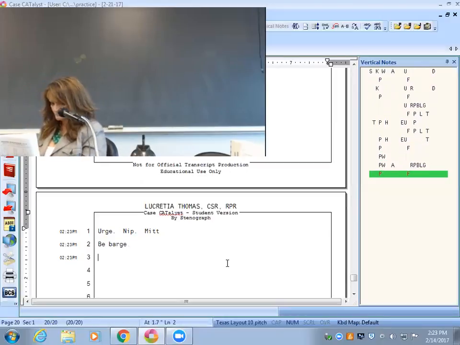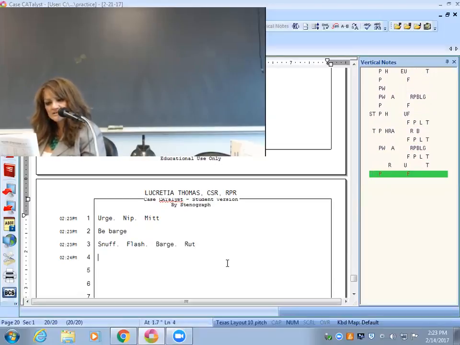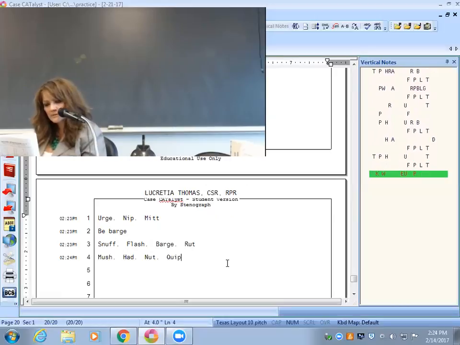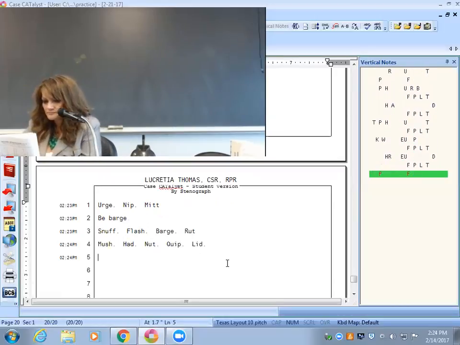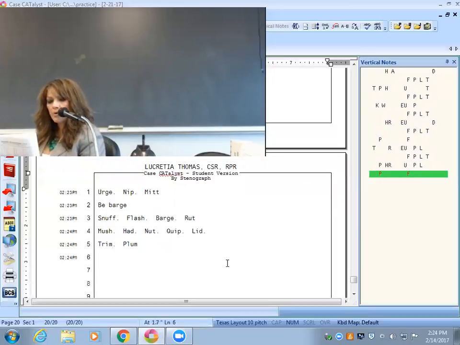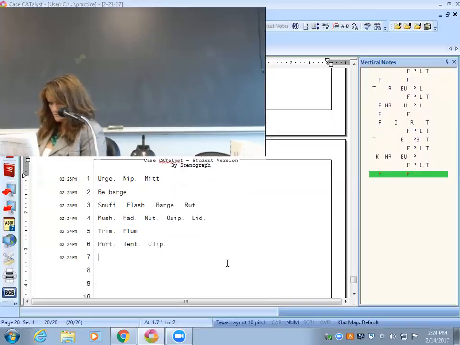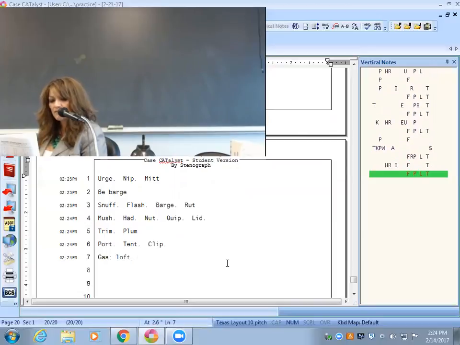Barge, snuff, flash, barge, rut, mush, had, nut, quip, lid, trim, plum, port, tent, clip, gas, loft, verb, rut, stop.